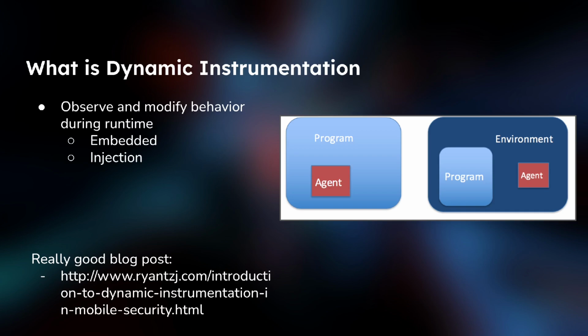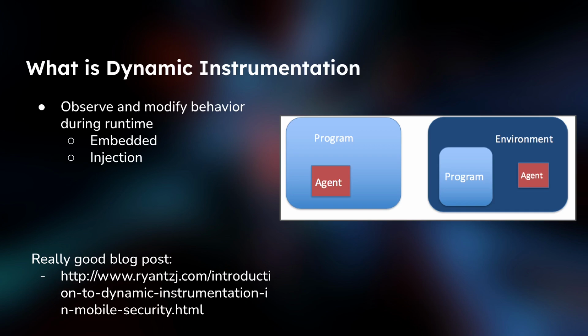When we talk about instrumentation, that refers to the process of adding code to a running application to monitor its behavior. Instrumentation and dynamic instrumentation is a really broad category of what you can do to an application while it's running. There are multiple reasons you might want to do this, but imagine hooking a function.